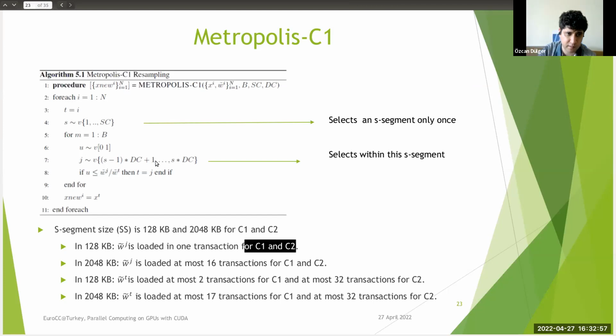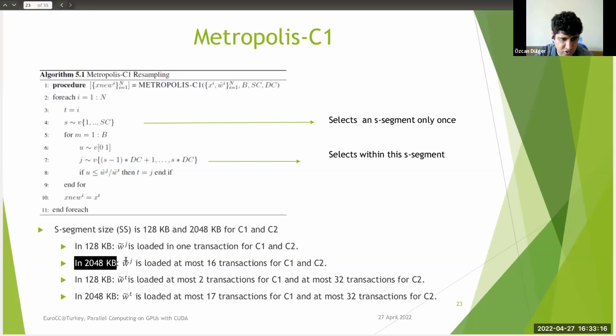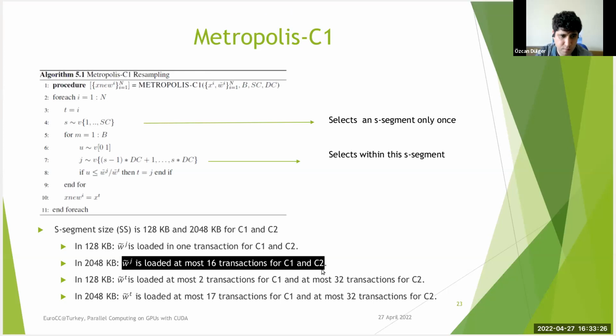Because the S segment consists of one segment. When the S segment size is 2048 kilobyte, that means the S segment consists of 16 contiguous segments. So WJ is loaded in at most 16 transactions for C1 and C2.